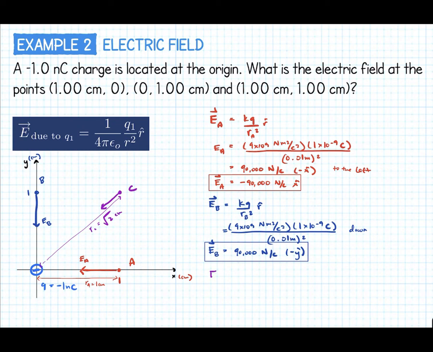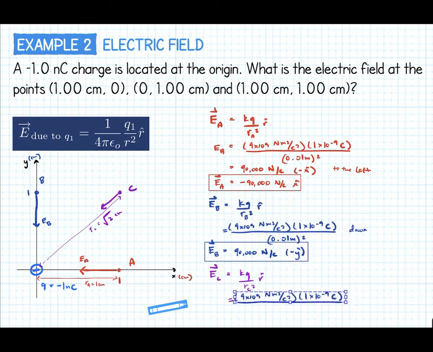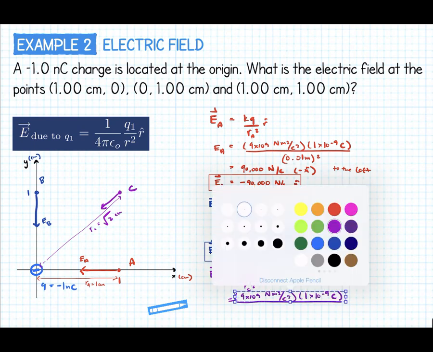So when we solve for EC, we get KQ over RC squared in the R hat direction. So we get most of the same things. Just have to make this purple.